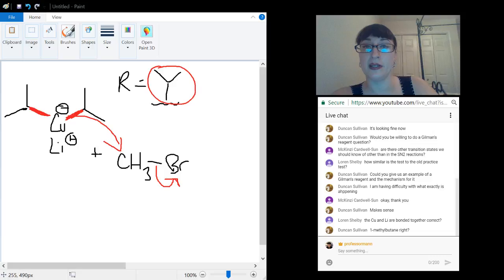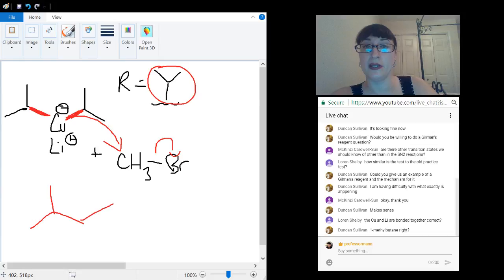2-methylbutane, I don't know, let's see. So we'll have that same, put that back. We had that, right? And attached to that is going to be the methyl group.